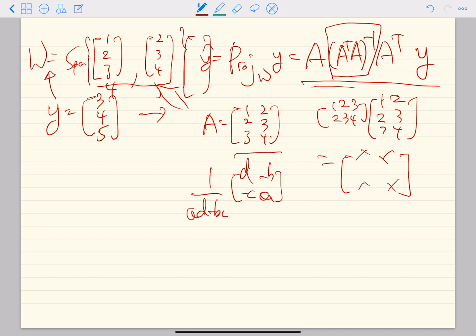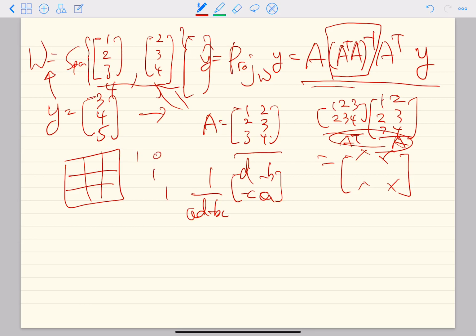In this case, they are linearly independent, and if we compute A transpose A, it will be a 3 by 3 matrix, and then we need its inverse. We form an augmented matrix and then do the Gaussian elimination. That's how we obtain the inverse matrix, right?